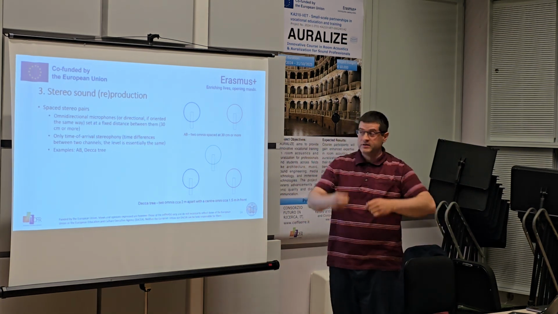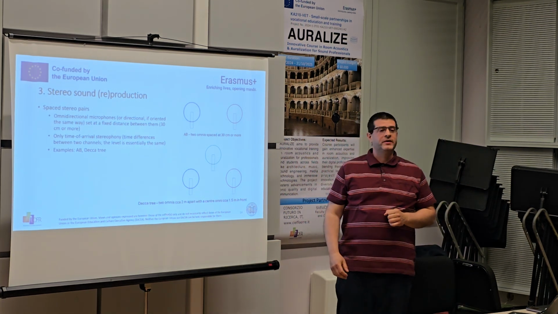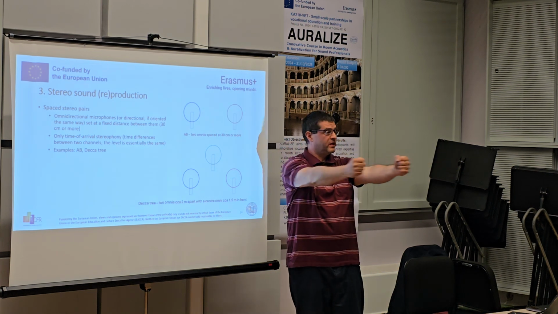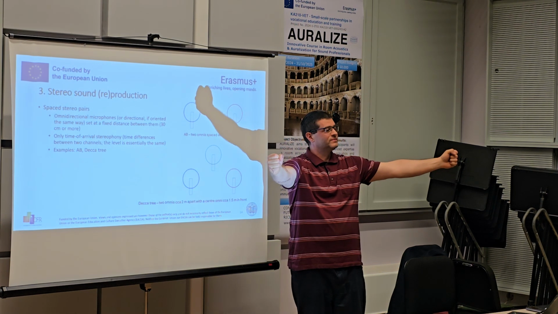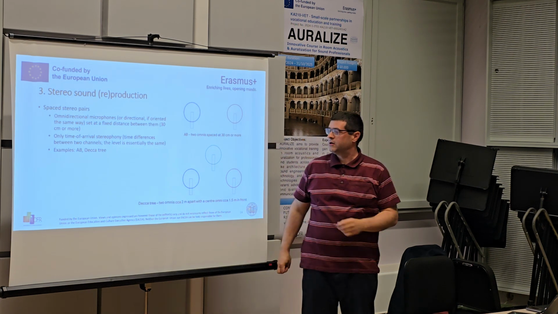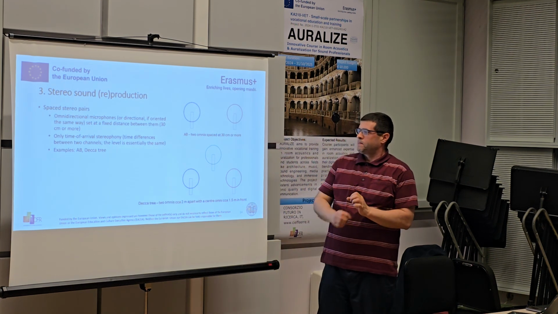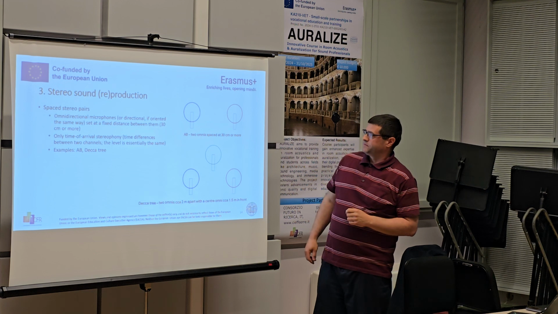The completely other thing is the space stereo pairs. So we have two microphones spaced apart, usually by at least 30 centimeters or more. It can go a lot. The distance can be greater, of course.